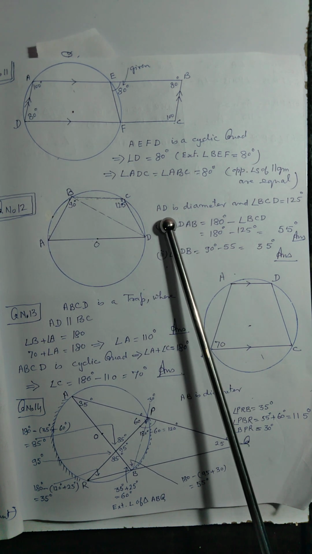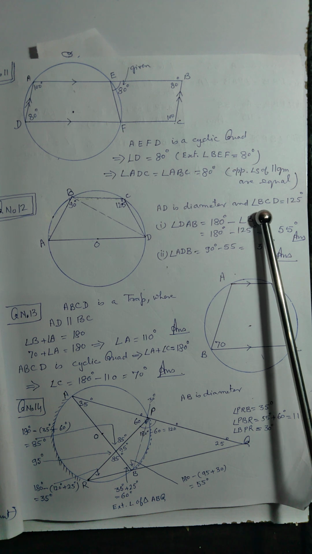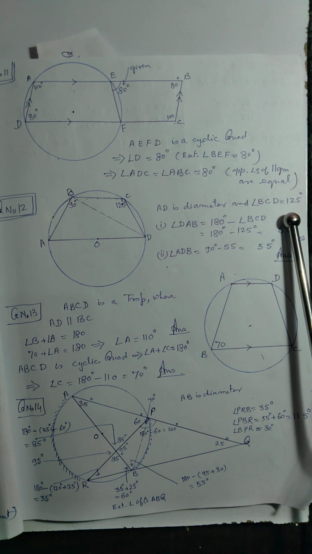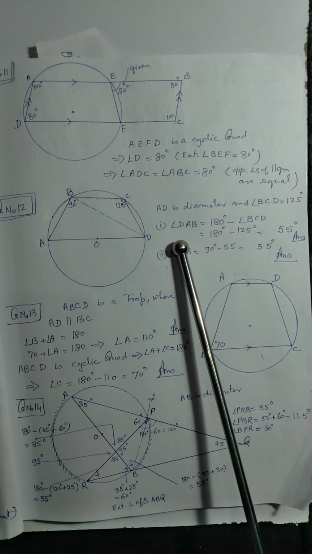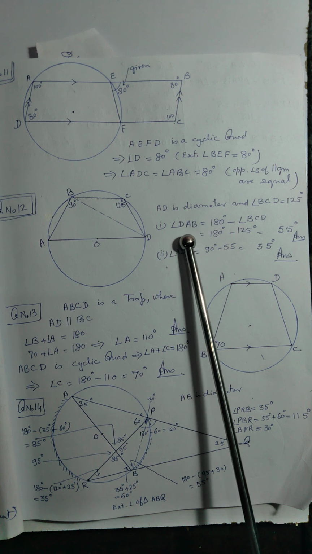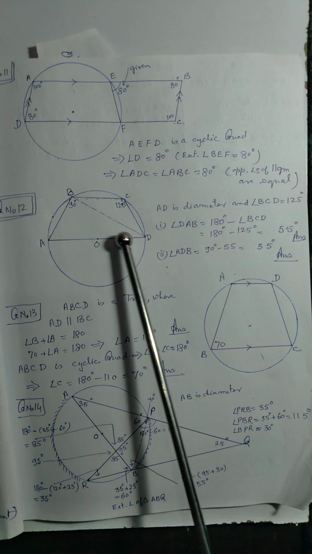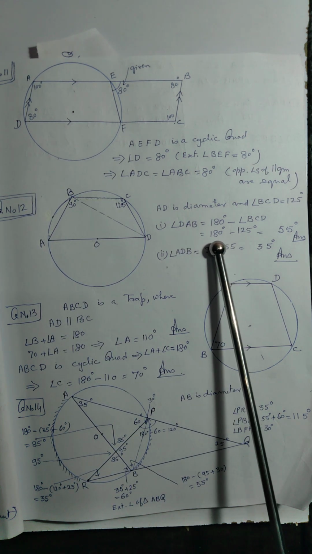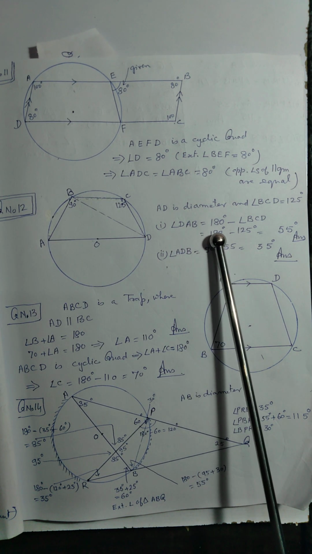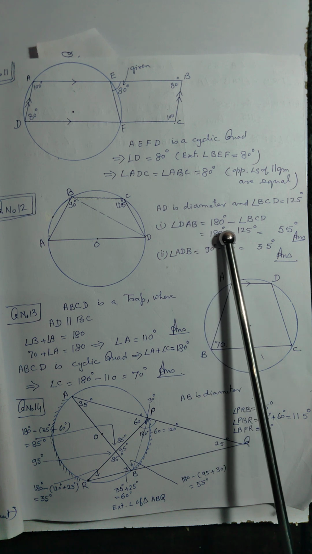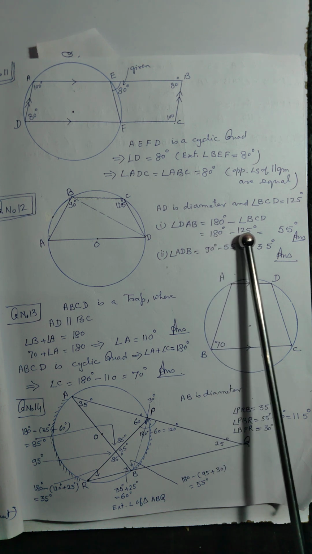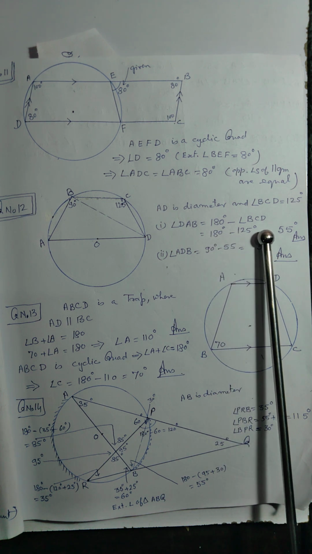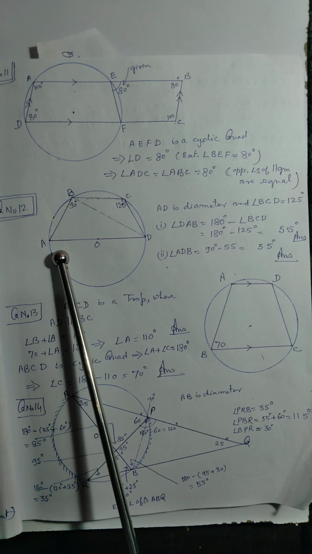Now you see here, AD is the diameter and angle BCD is 125 degree. So first DAB is equal to 180 minus BCD. Why?